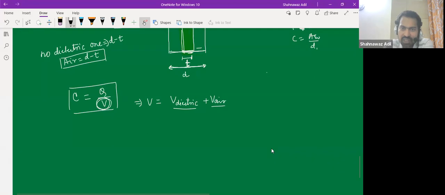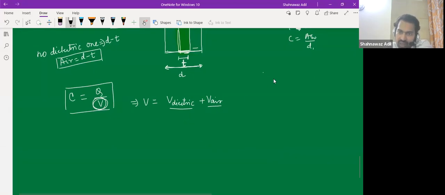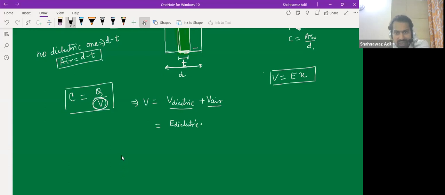For the case of potential, we know that this is simply E into d, E into whatever the distance is, let me say x or r. For the dielectric, this is E dielectric, and the distance is t.